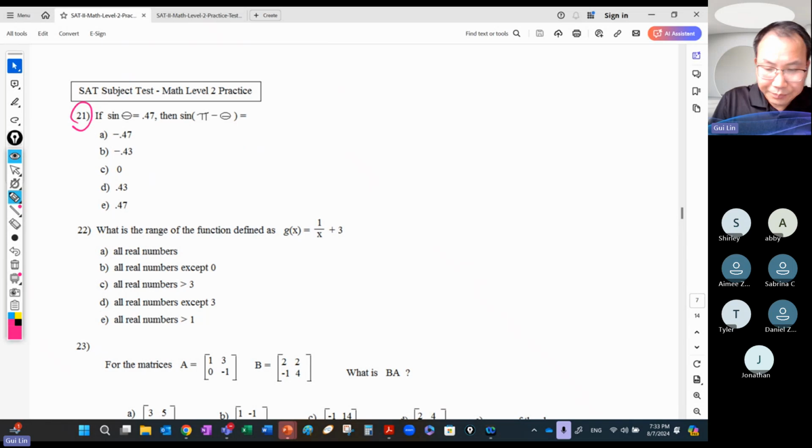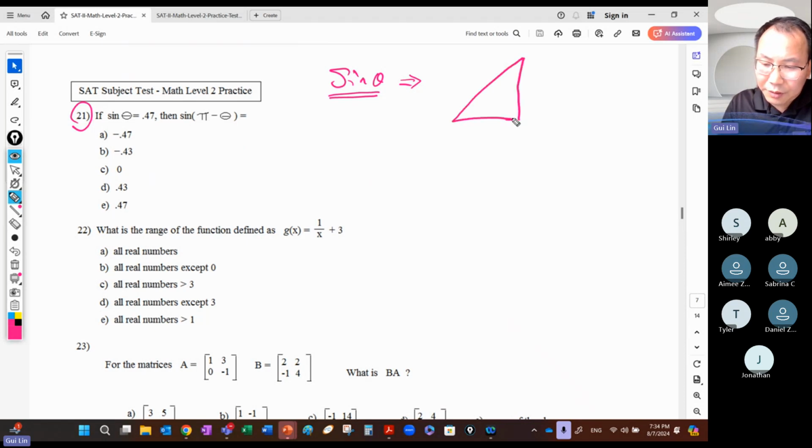So 21. Here we talk about sine theta. Earlier we mentioned how they defined it, right? Whatever, you just need to draw. This is related to the geometry part.